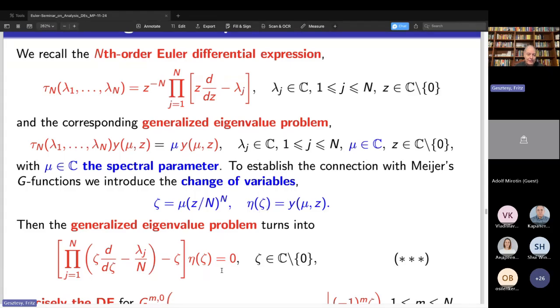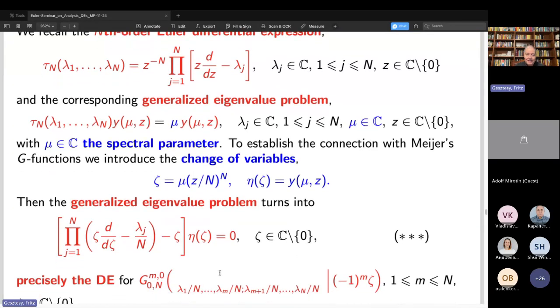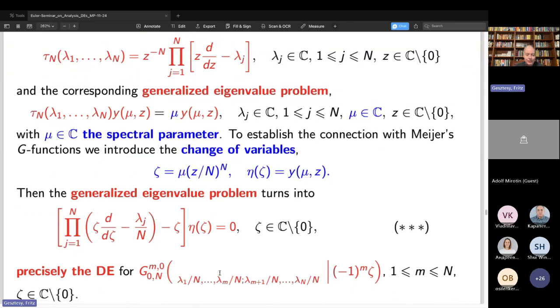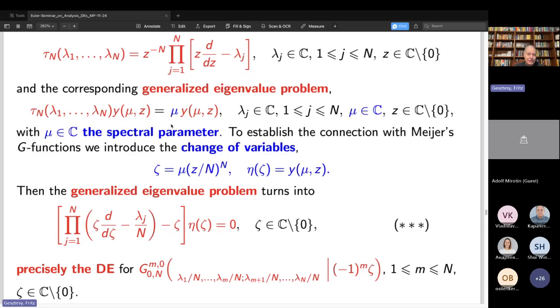It turns out that y satisfies the simplified differential equation for the Meijer's G function, where you have two zeros here. So n is 0, and once again, p is 0. So that is the connection between all these Meijer differential equations and the generalized eigenvalue differential equation for Euler. So that's the fundamental connection here. So that's the reason why we had to discuss Meijer's G function.